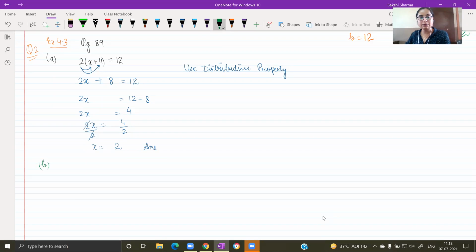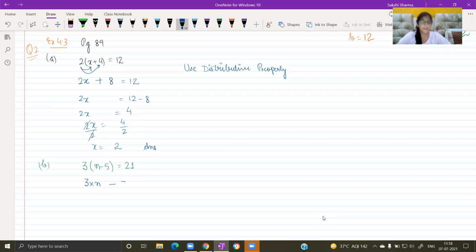B part, we have 3 times n minus 5 equals 21. Tanvi, unmute. Yes, ma'am. Ma'am, 3 multiplied by n subtracted by 3 multiplied by 5 is equals to 21. Second step, 3n minus 15 equals to 21.